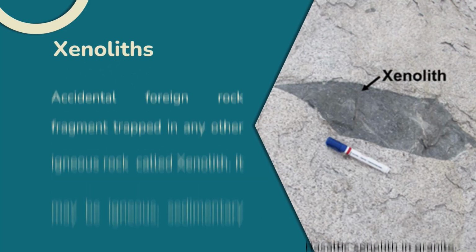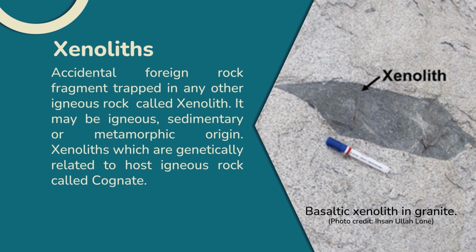Another important thing is xenoliths. Xenoliths are accidental foreign rock fragments trapped inside other igneous rocks. The accidental material may be derived from igneous, sedimentary or metamorphic sources.